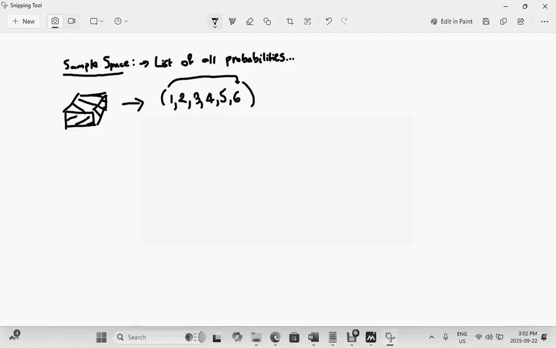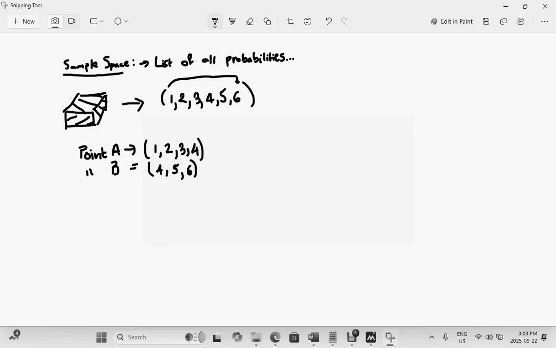Now, apart from sample space, you have something called A union B. Let's say point A is 1, 2, 3, 4, and point B is 4, 5, and 6.